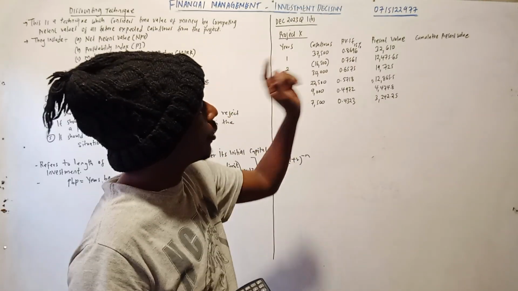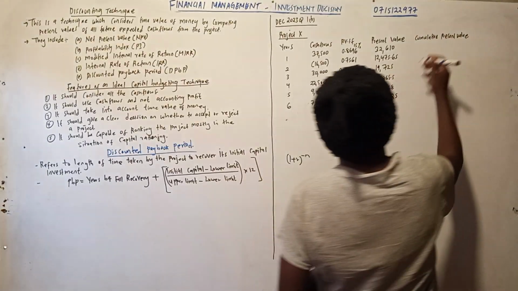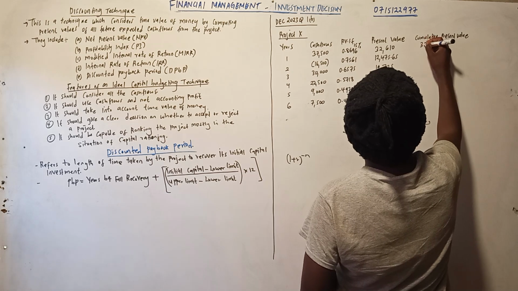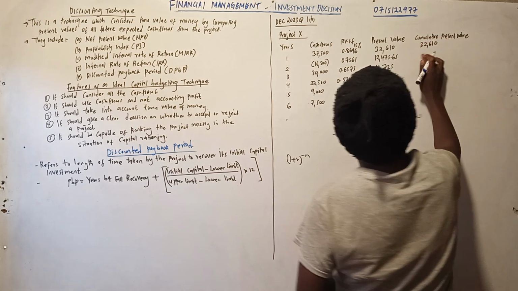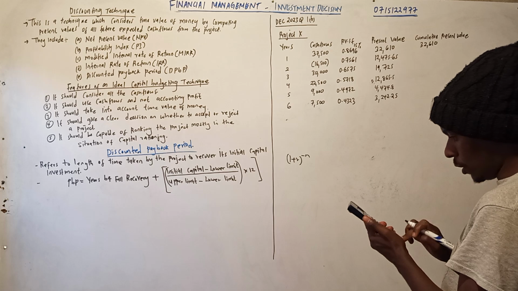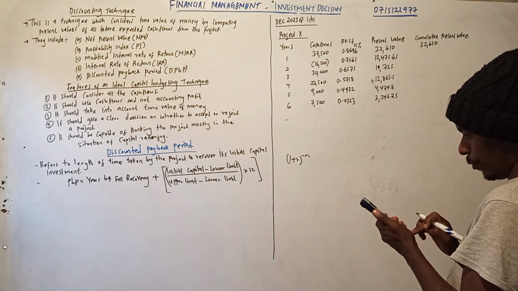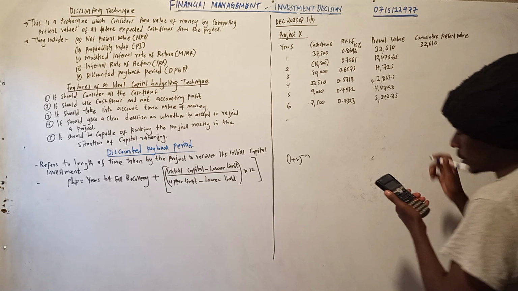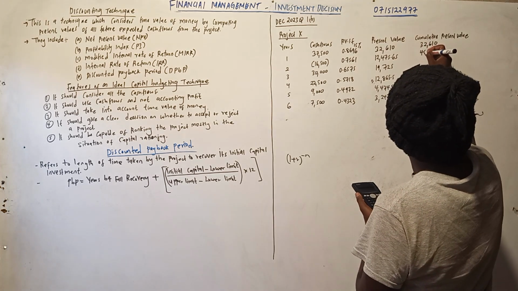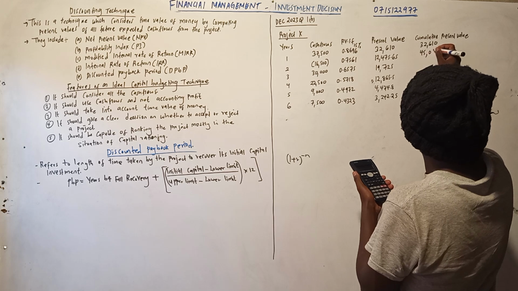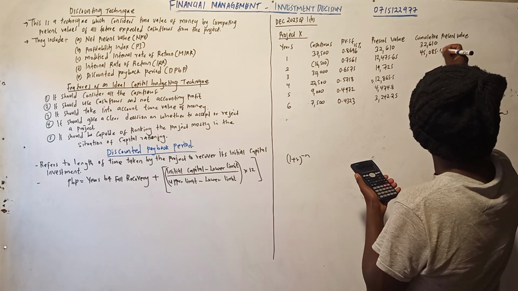Now we can get the cumulative. The first one is always the same, 32,610. Then we add 12,475.65 to get the next cumulative, 45,085.65.